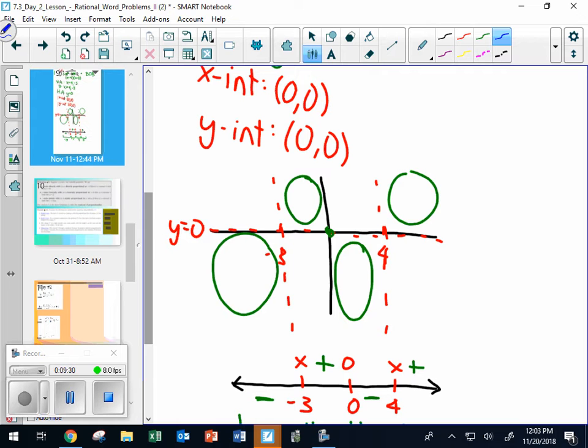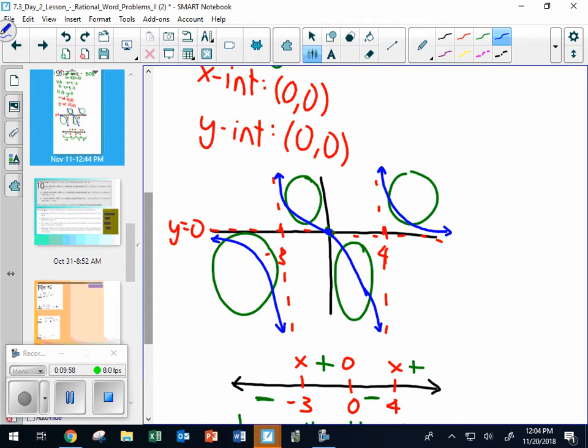So if we were to graph this, over here we don't have any points we need to go through, so we're just going to stick to the asymptotes. Over here we also don't have any points, so we're going to stick to our asymptotes. But here in the middle we have this point right here. And it goes from the positive, where we stick by the asymptote, to the negative. And since we need to go through this point, we have to connect them.